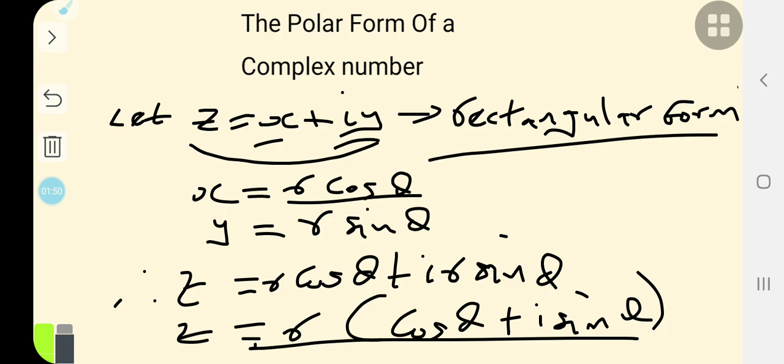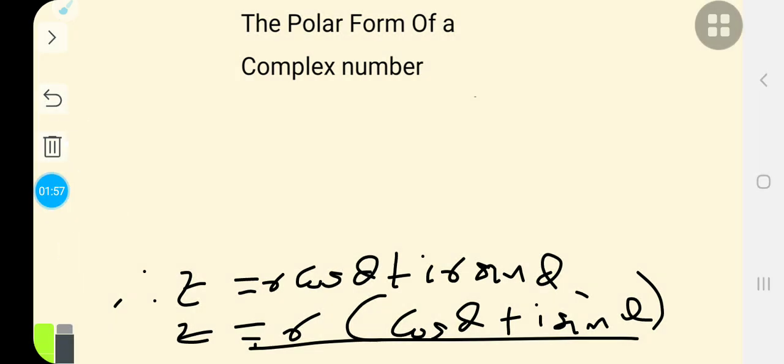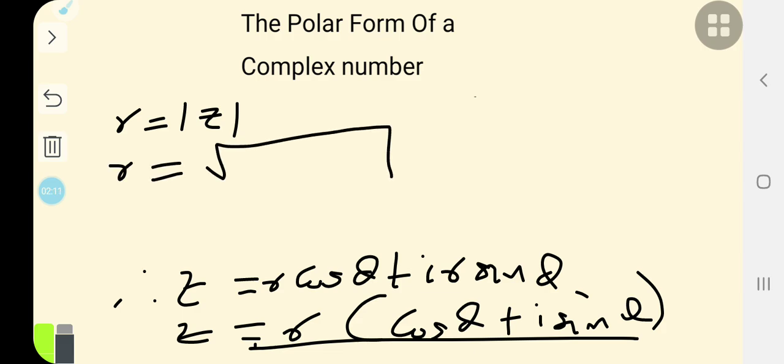So let's move on. Let's see what r is, what cos theta is, what sin theta is. r is just equal to the modulus or magnitude of z. So we can find r by squaring x and y, adding them and taking the root. Then you find your r.